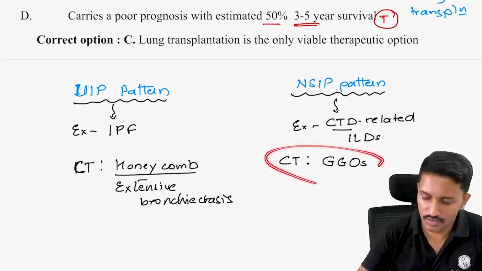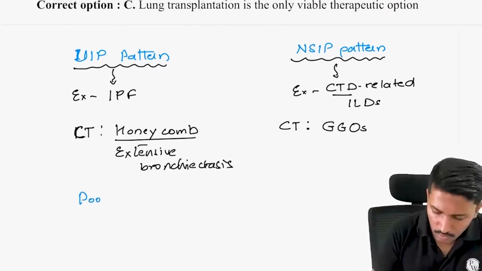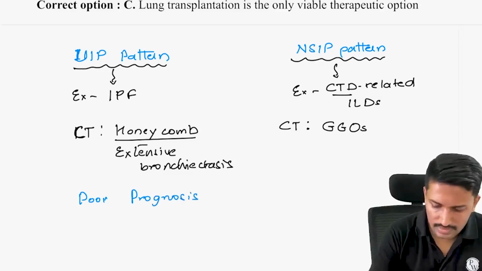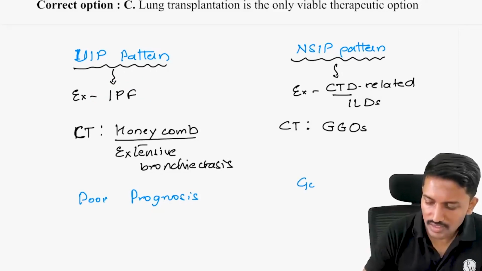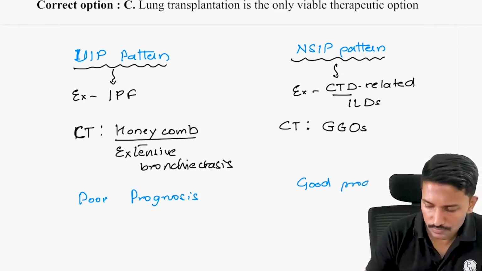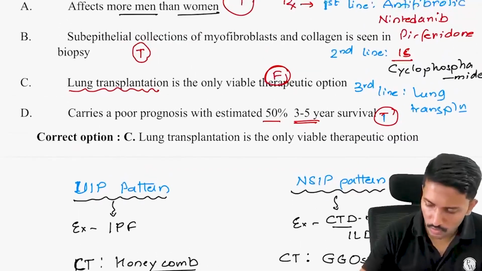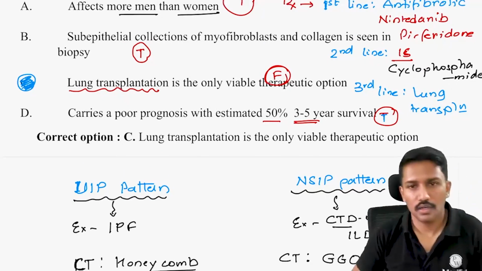Obviously, something that looks like pneumonia would have a better prognosis, right? So the UIP pattern generally carries a poor prognosis, and in that case, I can say that IPF carries a poor prognosis. On the other hand, NSIP carries a relatively better prognosis. So the last statement is also true. We had to pick a false statement, and option C becomes our false statement.